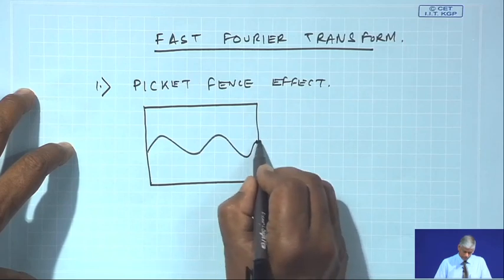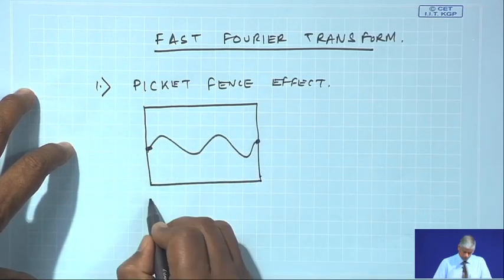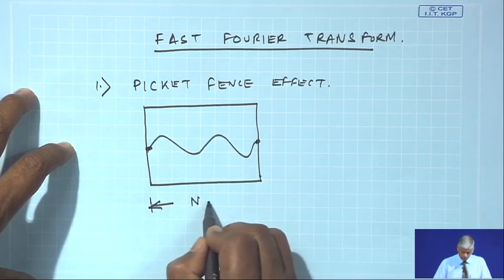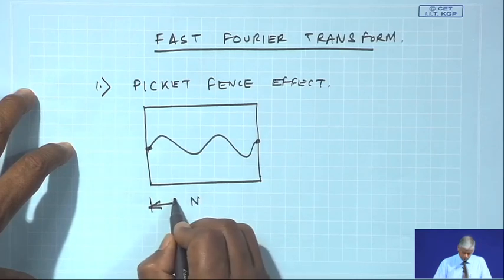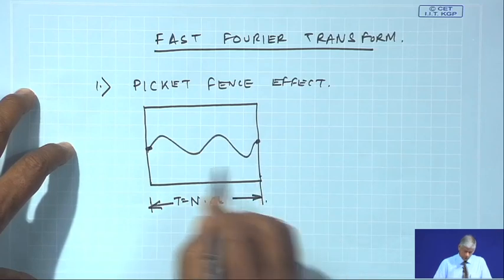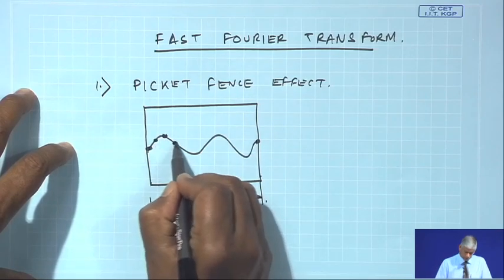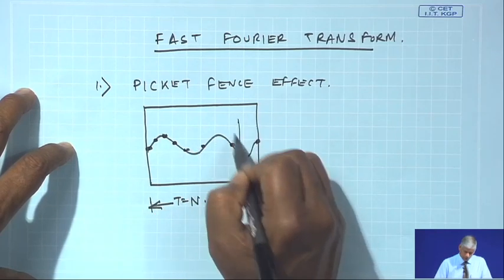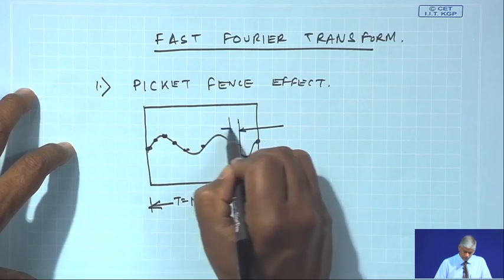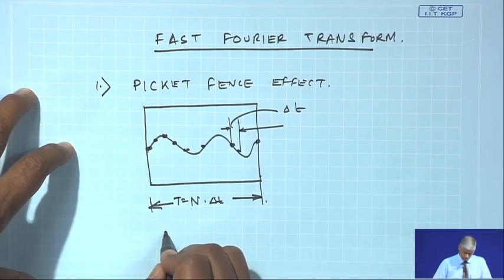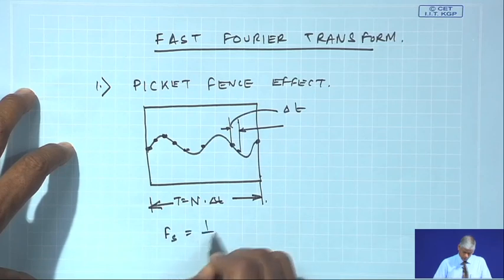So, I have taken n points, or T is equal to n times delta t, n number of points, and the time interval between any such point is delta t, where f s is nothing but 1 by delta t.